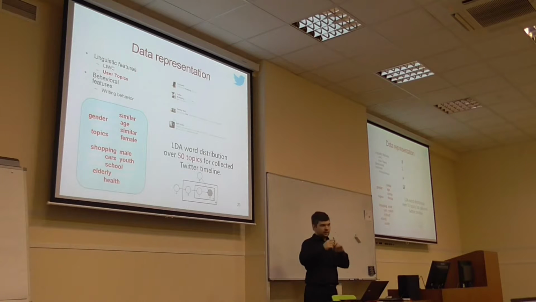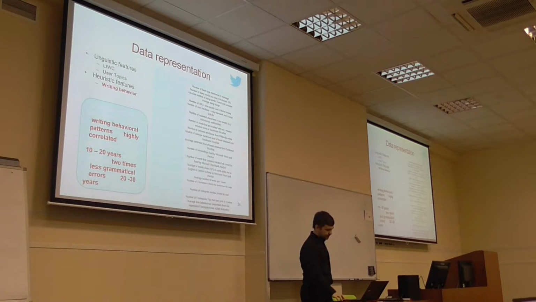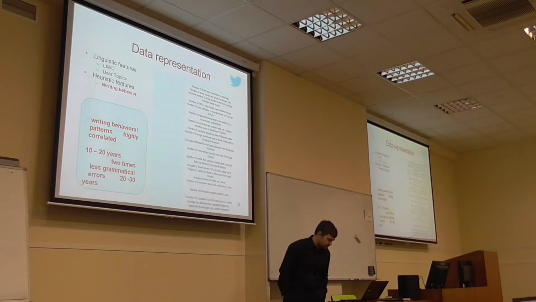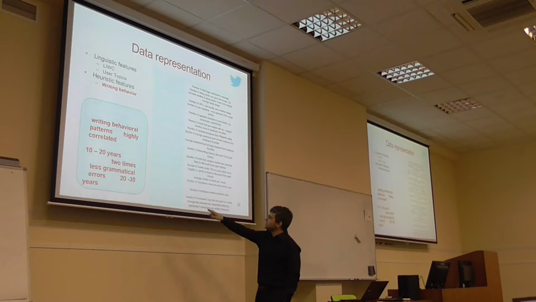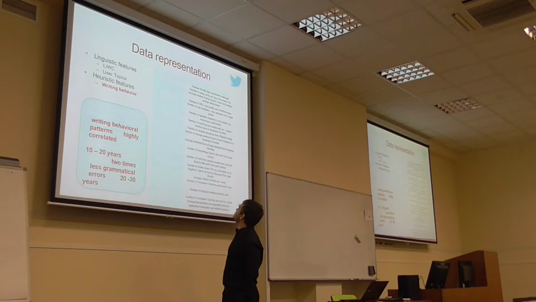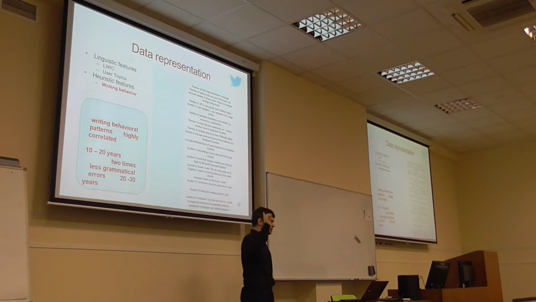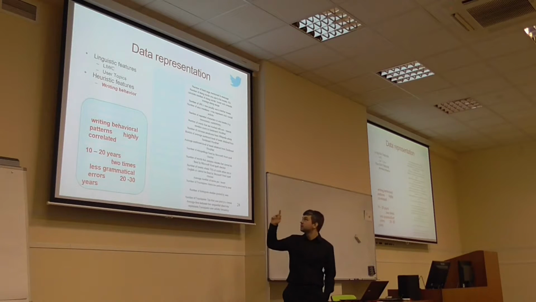So by now we have the LIWC features vector and the 50 topics vector, the distribution of our documents among these topics. And we also came up with some features that we made by ourselves. Here are the names of these features, but you cannot really see them. Anyway, you can read the descriptions on the right.